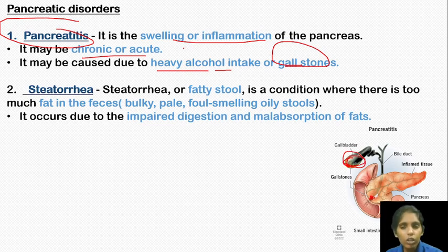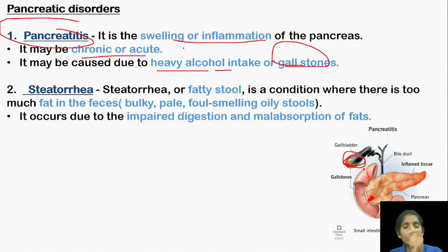So when the gallstones are present in the ducts, causing some obstruction to the flow of the bile, all the bile synthesized from the liver will get accumulated in the gallbladder, causing the pancreas and also the gallbladder to swell and inflame.